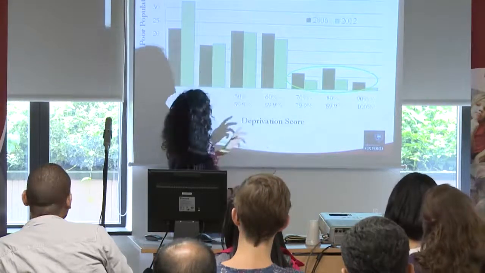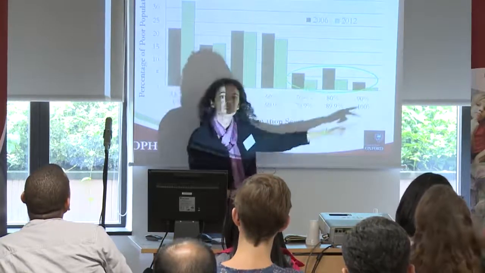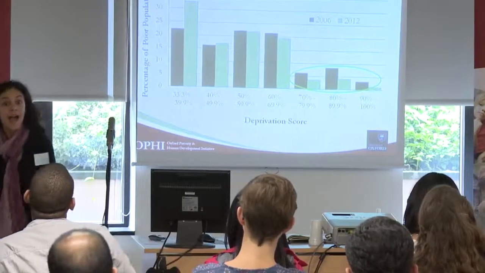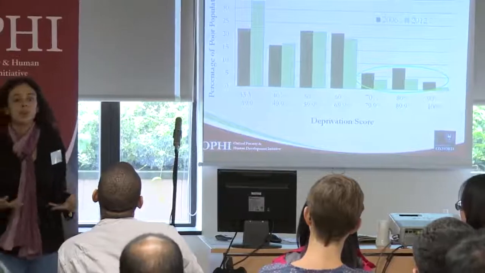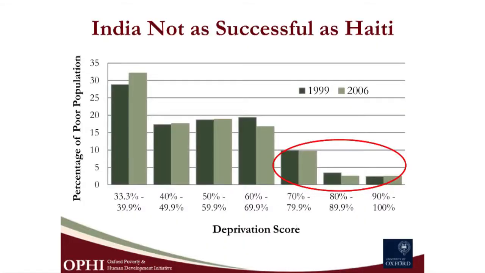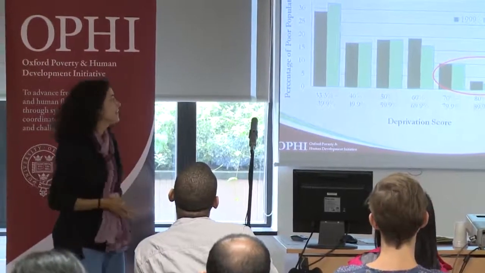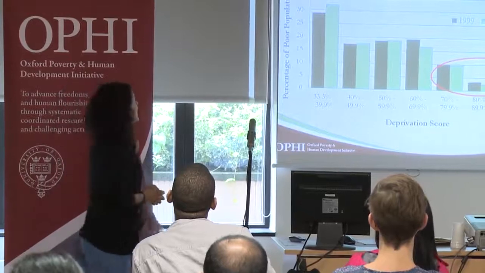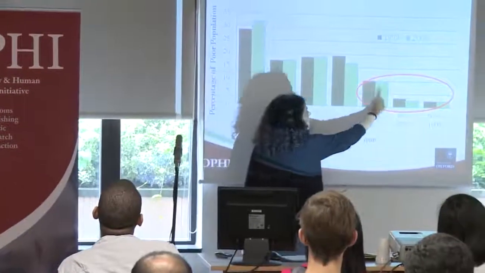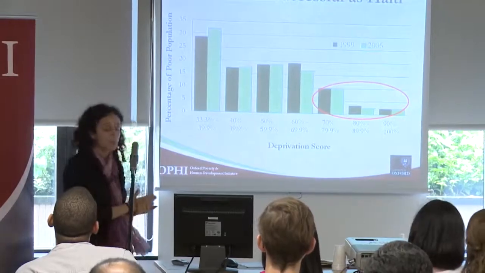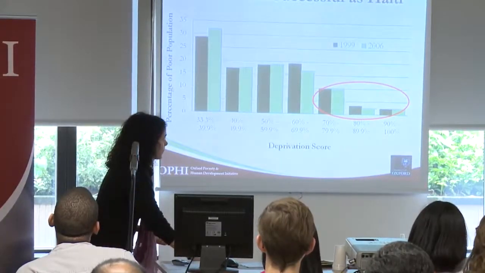We're talking about India. India has reduced the percentage of people that experience a big share of deprivations. This is good news. Sometimes there is not such good news. In India, practically no change. The percentage of people with high deprivations remains the same.